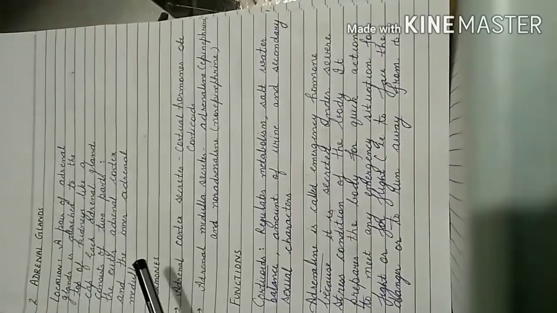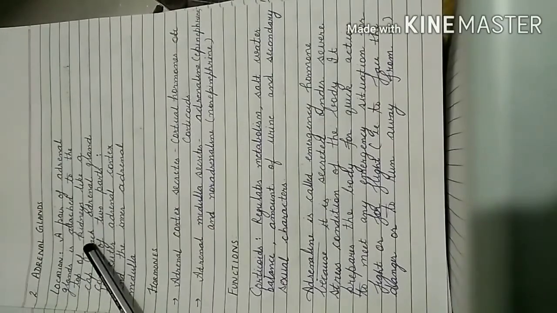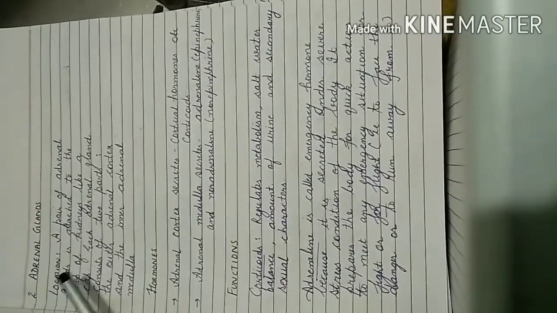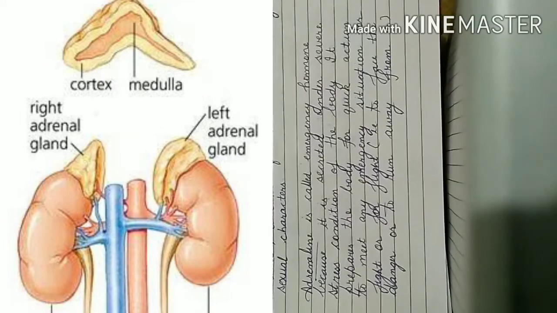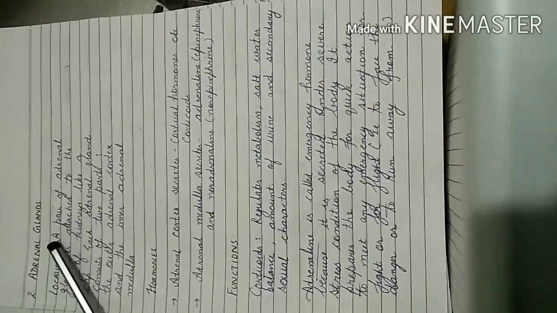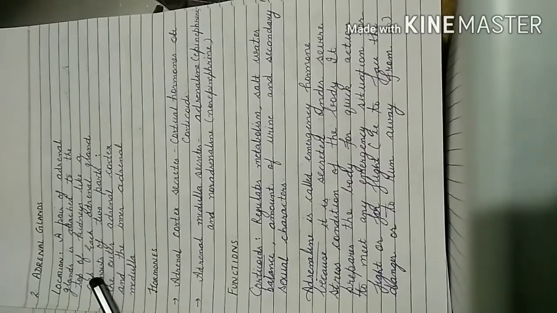Now let us study another endocrine gland, known as the adrenal gland. This adrenal gland is located at the top of the kidneys like a cap. Here it is written that a pair of endocrine glands is attached to the top of the kidneys like a cap.